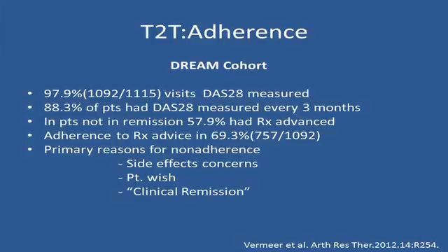And what they found, that adherence was quite good, that the physicians were measuring, or the physician extenders were measuring DAS28 in almost all the patients. 88% had DAS28 measured every 3 months. In the patients not in remission, 58% had their therapy advanced. Adherence to the treatment advice occurred in 70% of the patients. And as you would expect, the primary reasons for non-adherence were side effects concerns, patient's wish, and the physician felt they were in clinical remission.